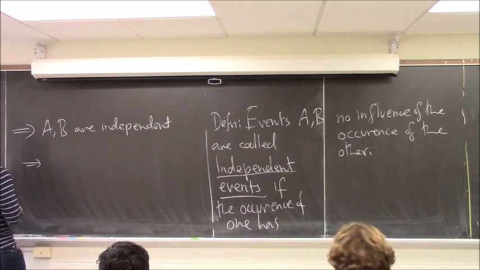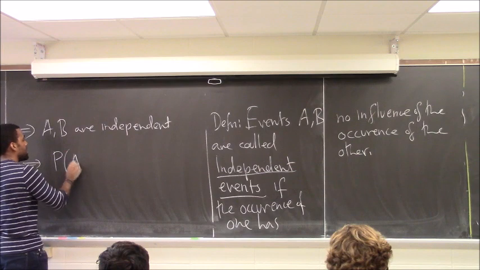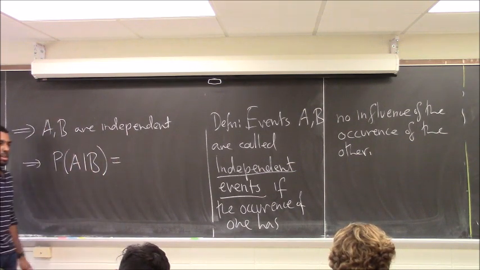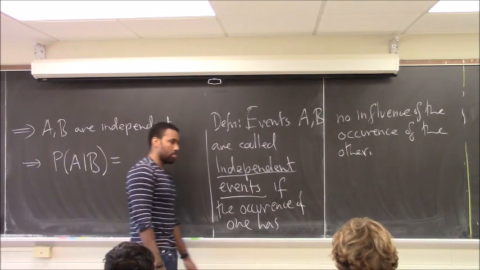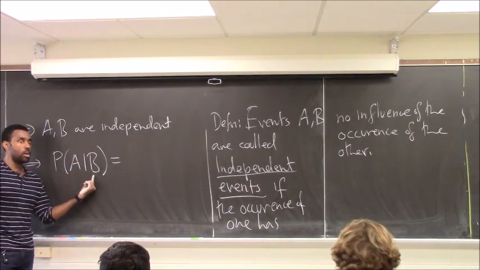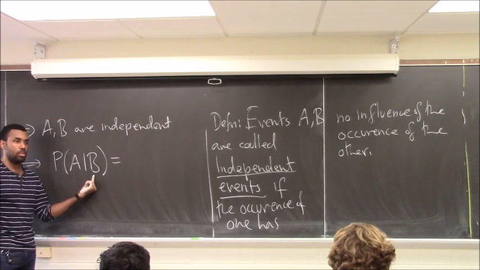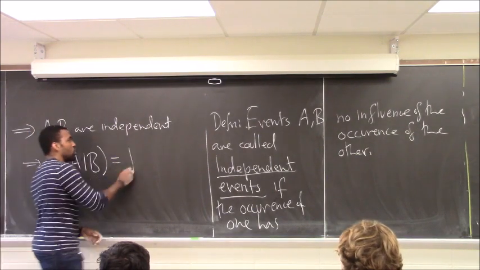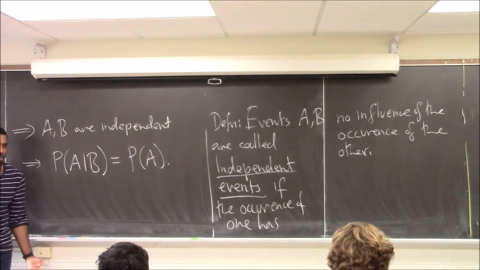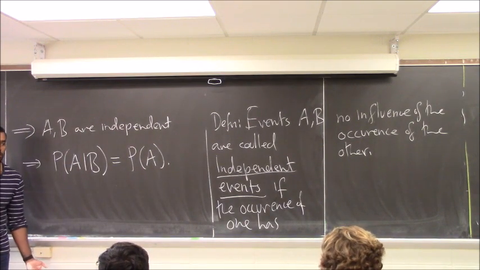What does that mean for the probability of A given B? So A and B, nothing to do with each other. What is the probability of A if I told you B already happened and they're independent? It's just probability of A. I don't care that B already happened, it's not going to make a difference.